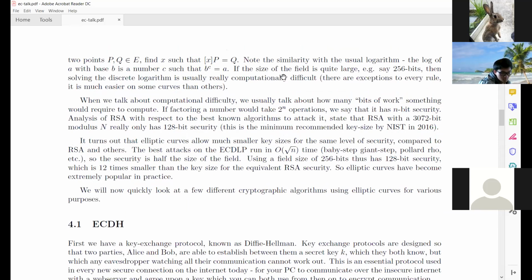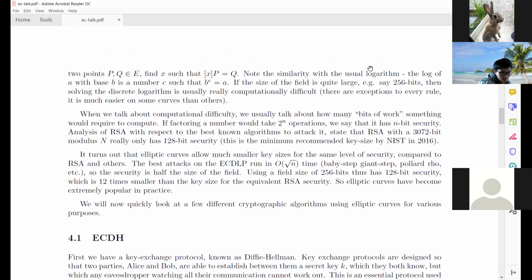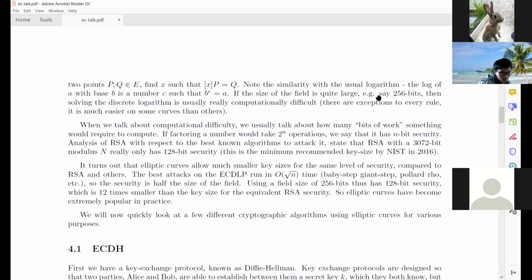And yeah, the hardness assumption is that if the field size is really large, this F_q, the q here, if it's like a 256-bit prime or prime power, then it's really hard to solve this problem in general. Obviously there are some curves for which it is easier than others, namely supersingular curves and anomalous curves, which are just curves with special properties.